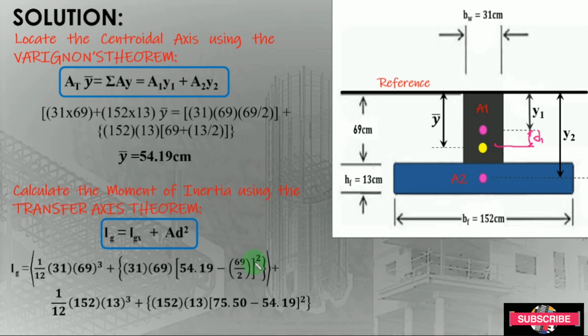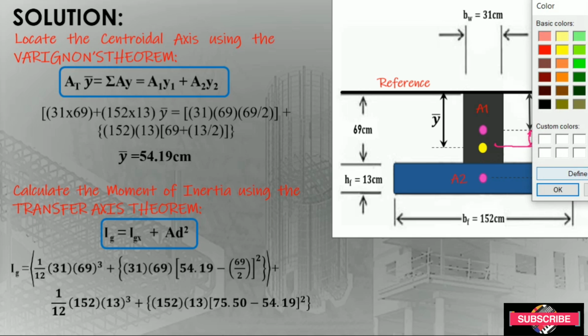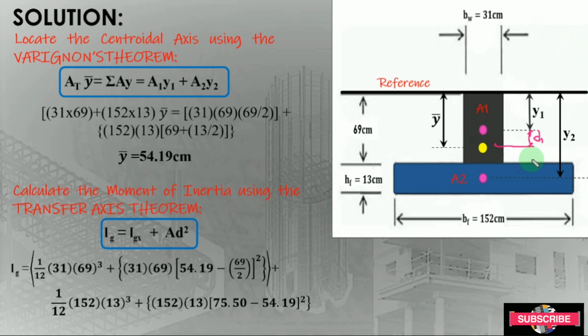Proceeding now to the second area, we will change this one. For our second area we will have this distance, d sub 2.